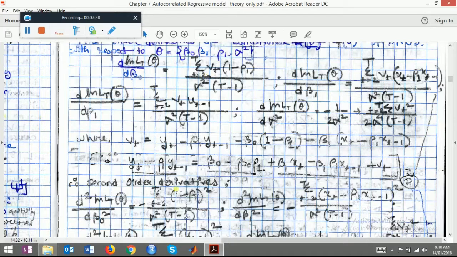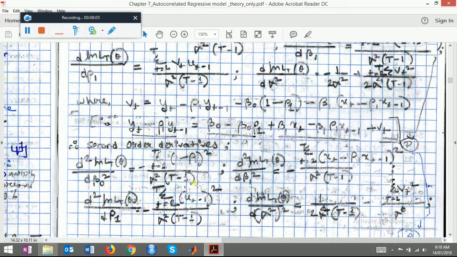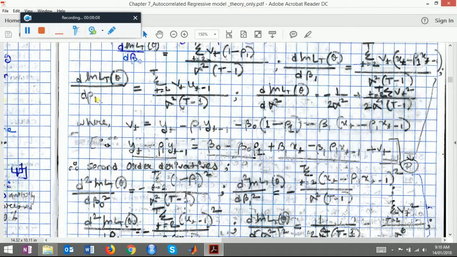When we take beta 1 square, obviously vt vanishes as well, and this one becomes squared, xt minus rho 1 xt minus 1 square over sigma square. Just a trick to always remember: we never go to the third derivative. So with first and second derivatives, if you can recall, it is always very easy to do.